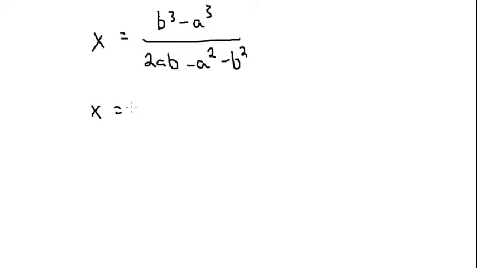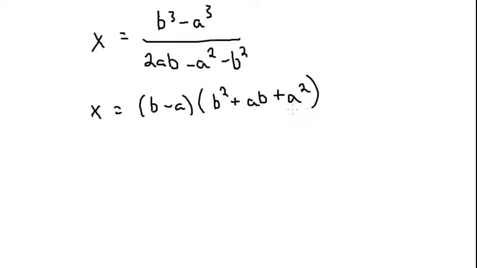So the difference of cubes formula is that something cubed minus something cubed is the first thing minus the second thing times the first thing squared plus two things multiplied together plus the second thing squared. So this is the formula to factor the numerator using the difference of cubes formula. And just bring down the bottom.